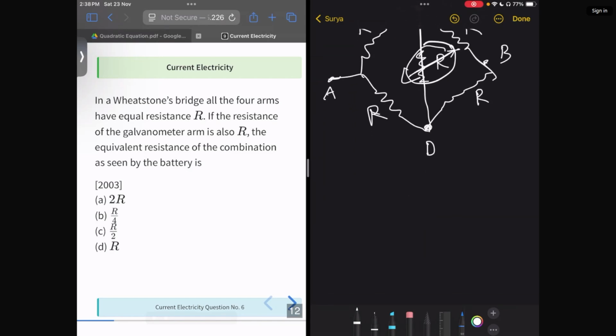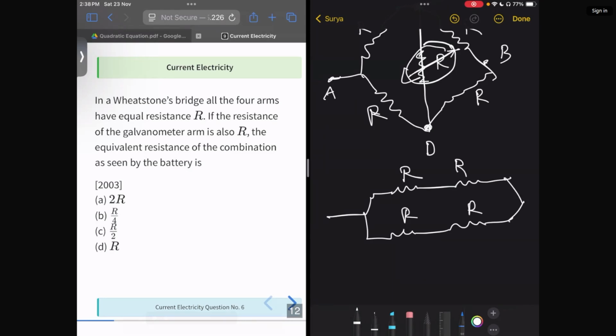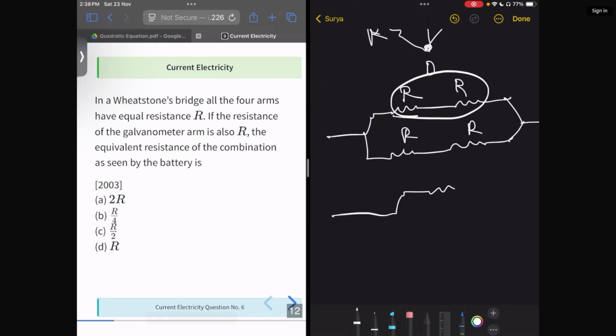So the equivalent resistance of the combination will be: there will be R here and R here, both in series, so 2R. Net resistance will be 2R in this arm, and again 2R in the other arm.